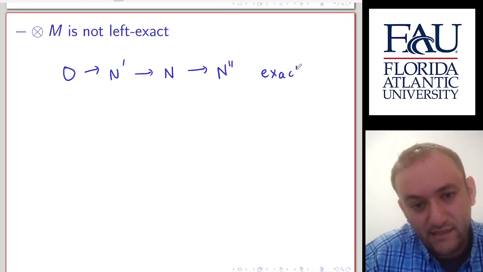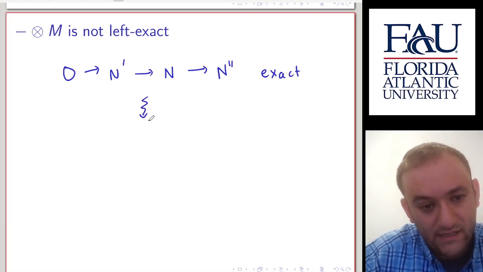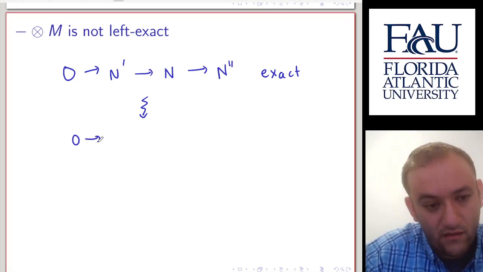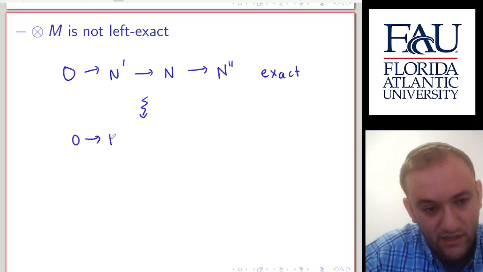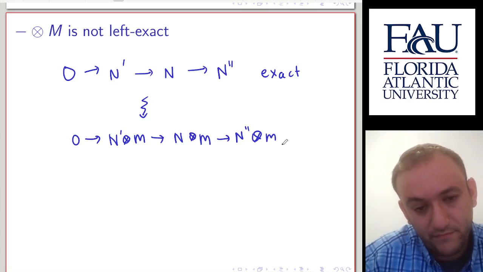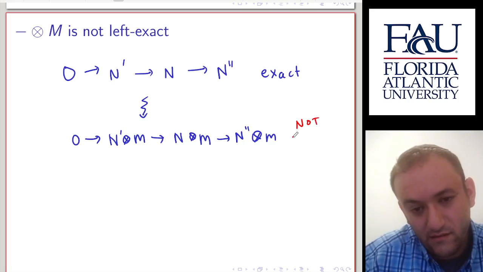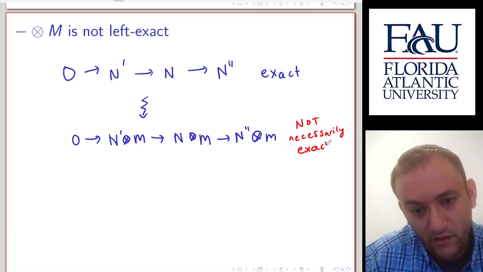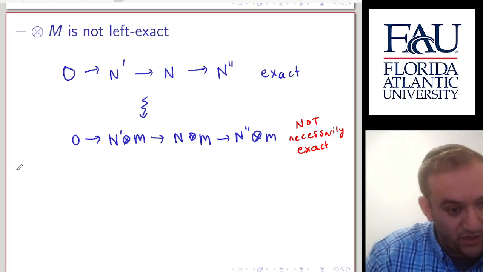Even if this is exact, once I apply this functor and I get N prime tensor M mapping to N tensor M mapping to N double prime tensor M, this is not necessarily exact.